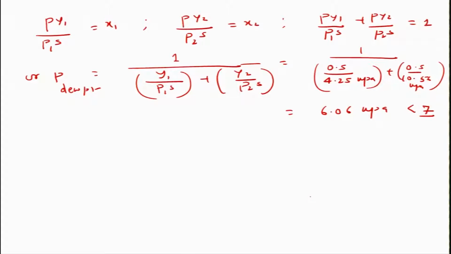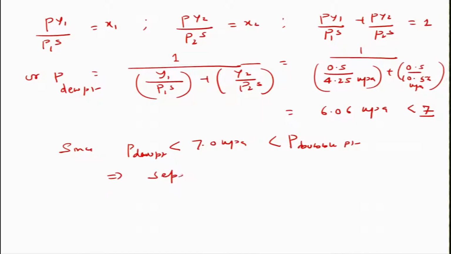So, this tells you that since the system pressure is greater than the dew point pressure and less than the bubble point pressure, this means separation will occur. Okay. I mean, this is given by the Raoult's law concept, right.